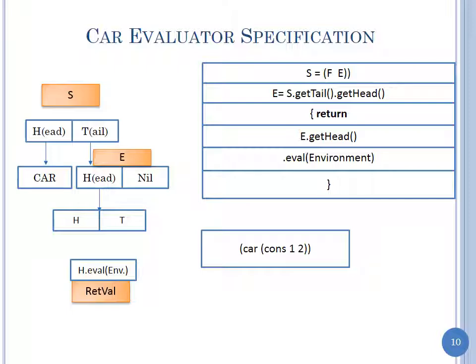Right? So I didn't quite say what I should return. So one answer is that the answer is 1 because that's what the answer should be. The other one is that the answer is 1, 2.